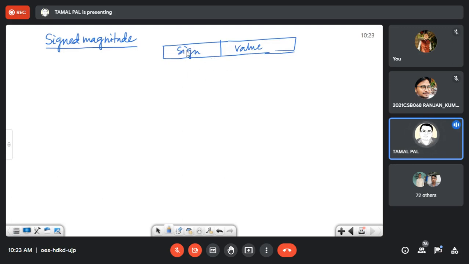So there is an importance of sign value here. In sign value, we use one bit. If it is 0, then we represent it as positive. If it is 1, we represent it as a negative number. And value is nothing but the unsigned representation of a number.